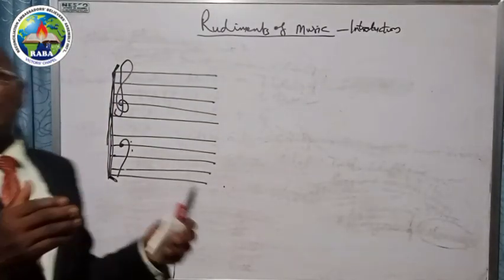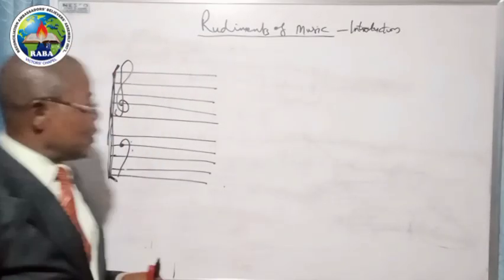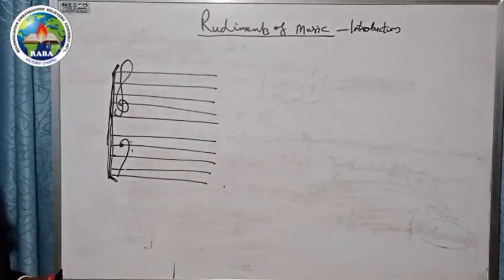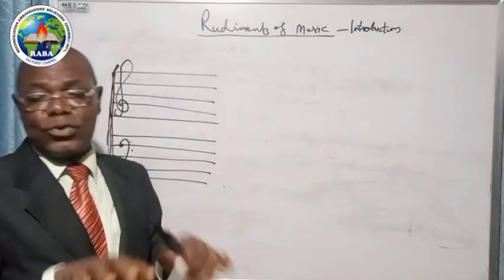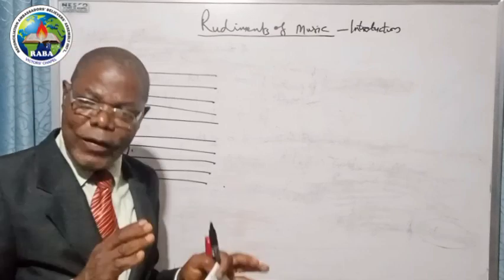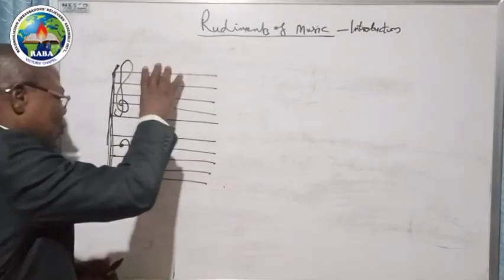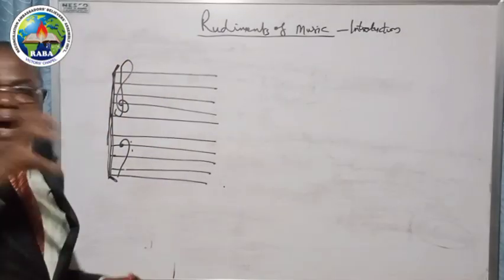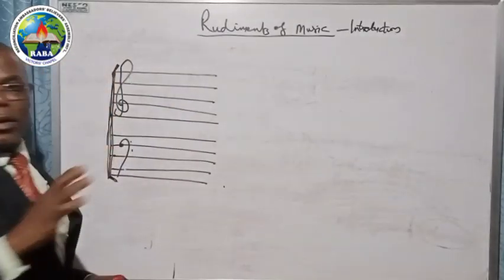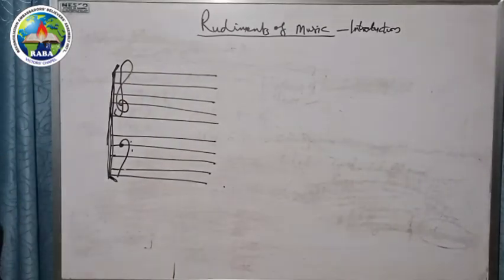Even if it is a keyboardist, according to what they call themselves, you will see that they use both hands to play. That one is fundamental. It will assist us in knowing which hand is for the stave on top, and which hand is for the stave below.